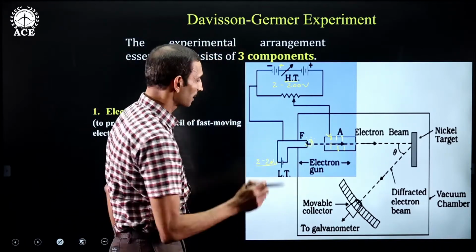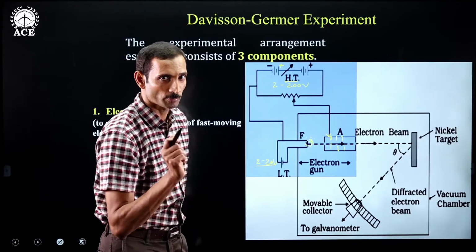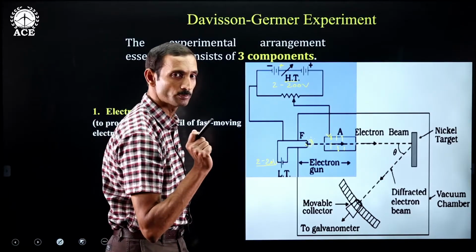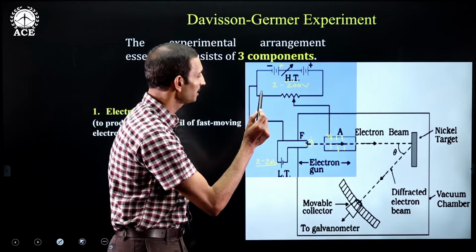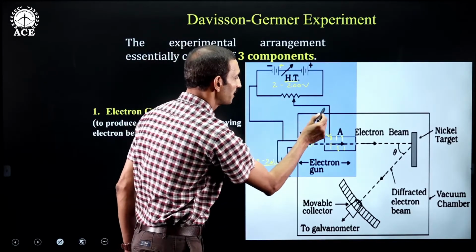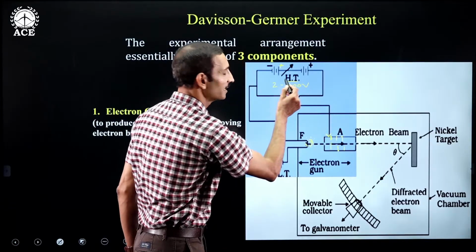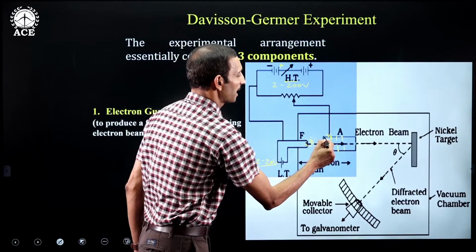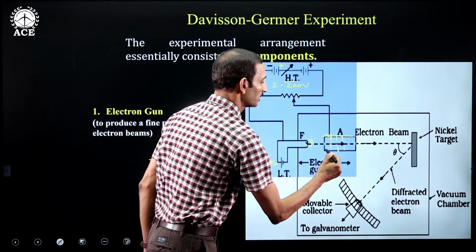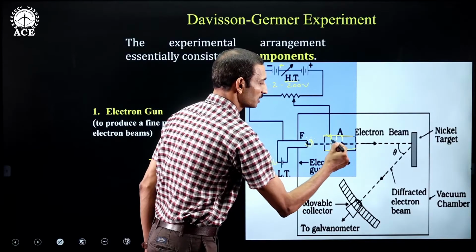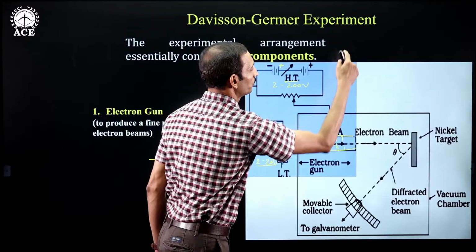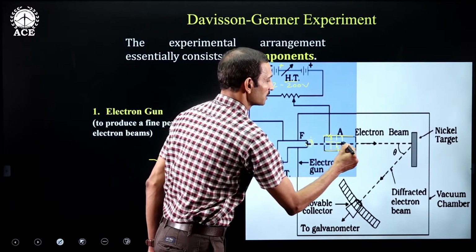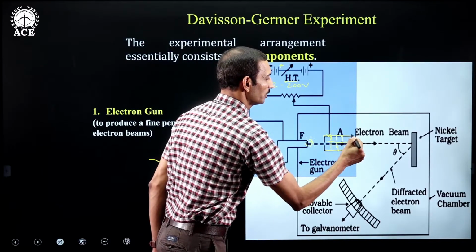So again, I'm coming back to how the electrons are produced as a fast beam. The low tension battery produces electrons by heating the filament. These electrons would be dragged by the anode of this high tension battery, which is actually like this. That means it consists of a series of these slits through which these electrons would be dragged, moving as fast moving electrons.